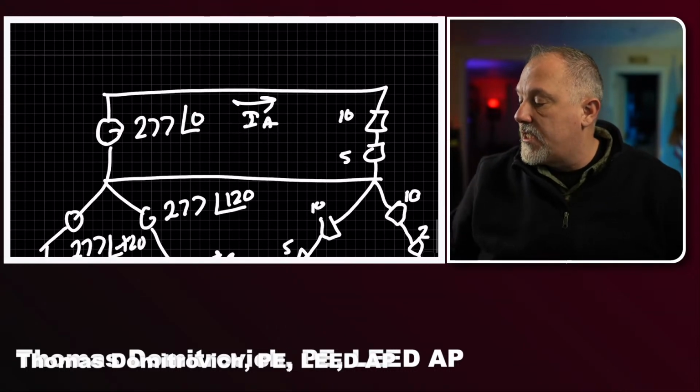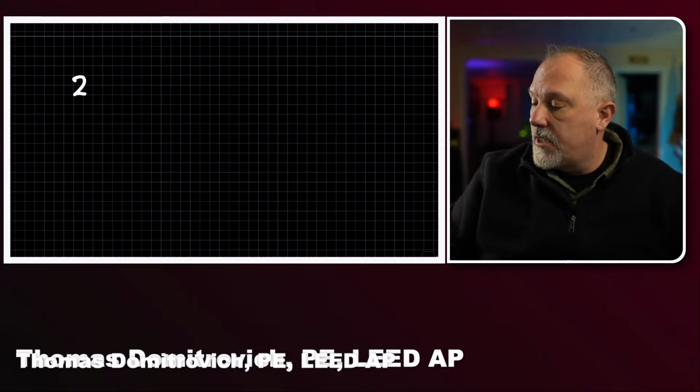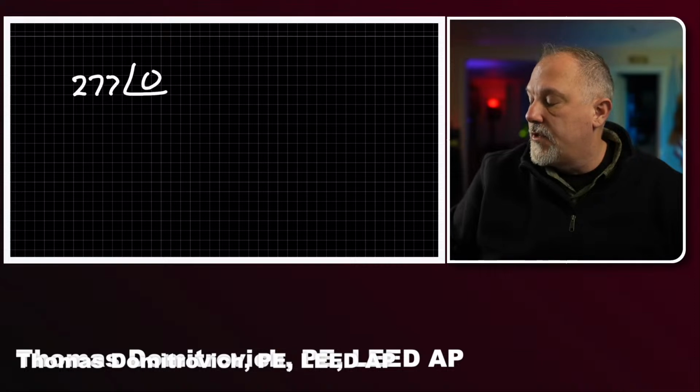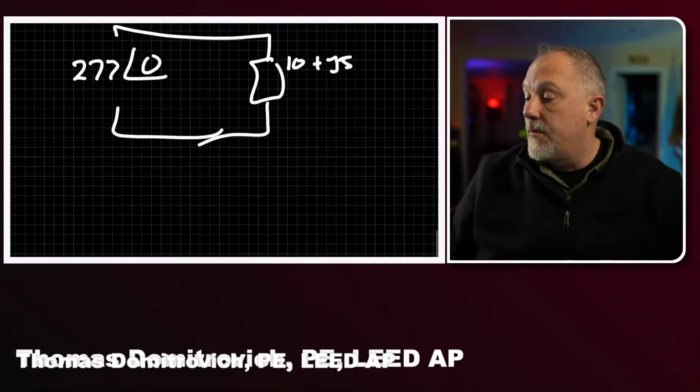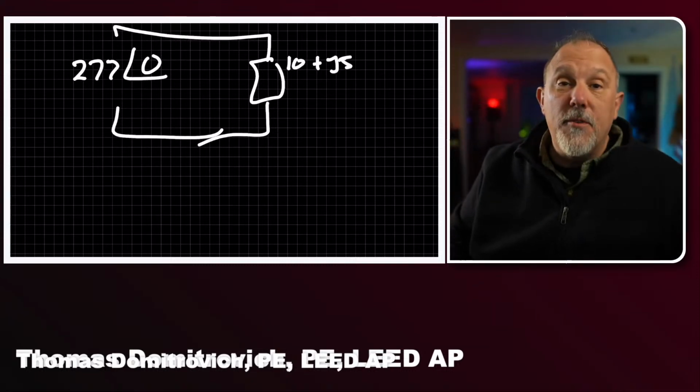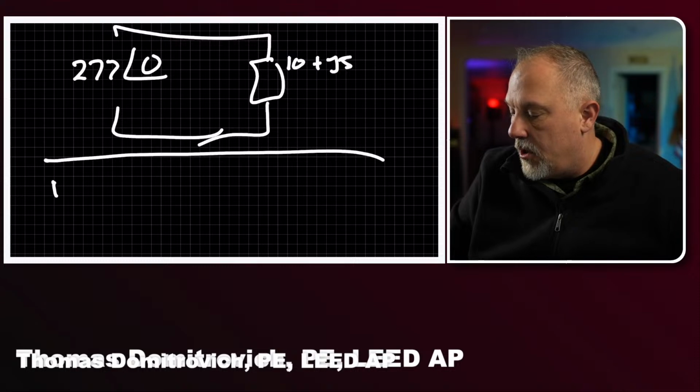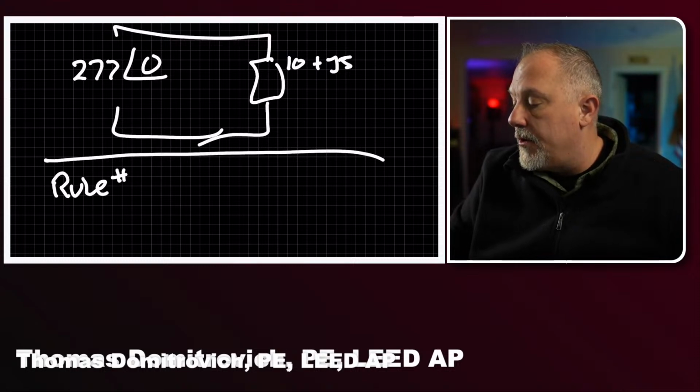Let's say that you had 277 angle of 0 over 10 plus j5. So it's 277 angle of 0 being applied across a 10 plus j5 impedance, right? So now, rule number 2.